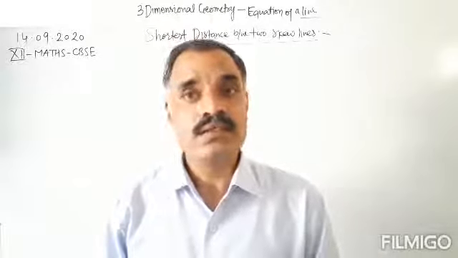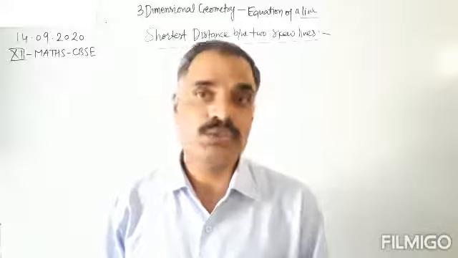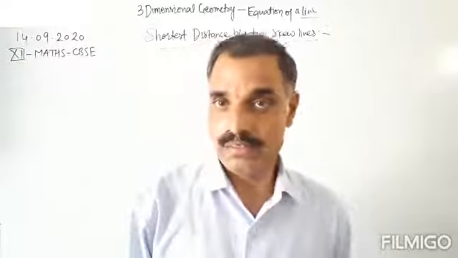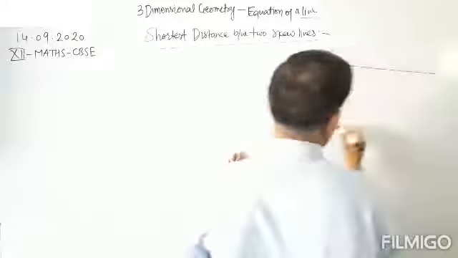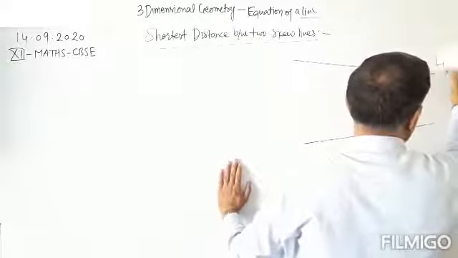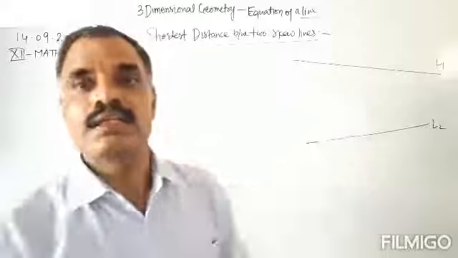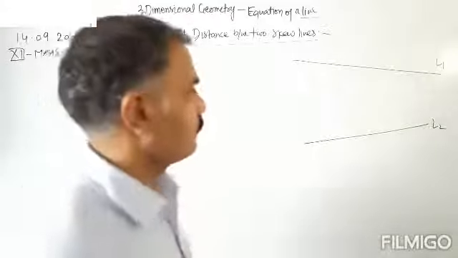Skew lines are the lines which are neither parallel nor perpendicular. They never intersect and are never parallel. Let lines L1 and L2 be skew lines. They don't intersect and they are not parallel.